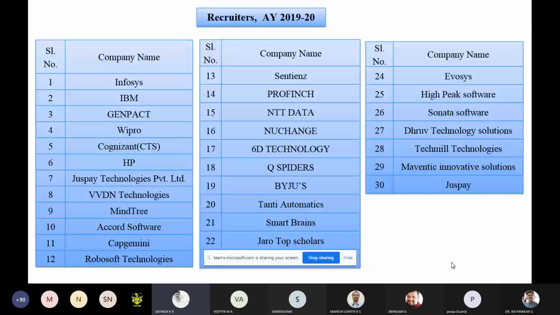So this is regarding the recruitment for the academic year 2019-20. Even during the COVID-19 pandemic, more than 30 companies visited our campus. These are the list I have shown on the slide.